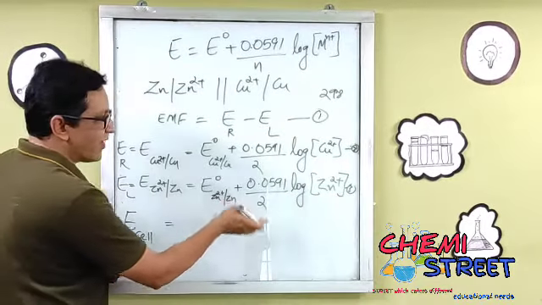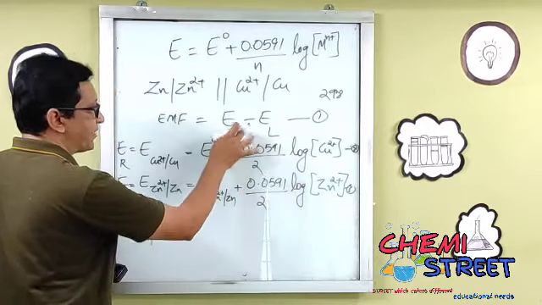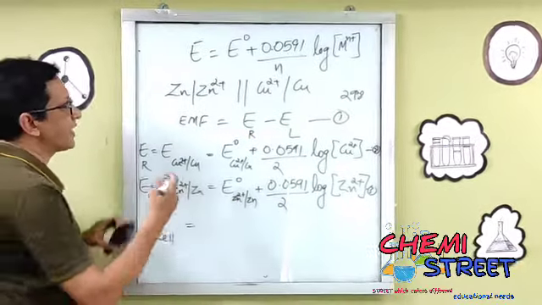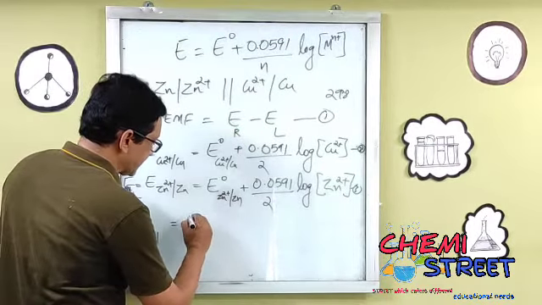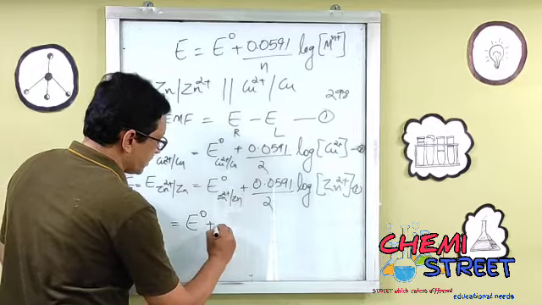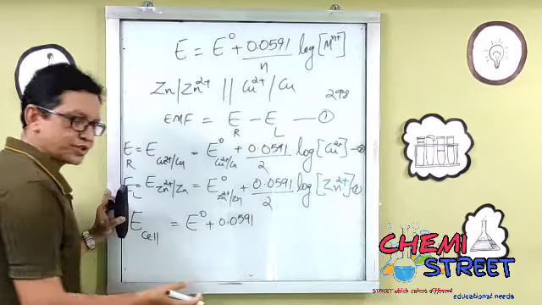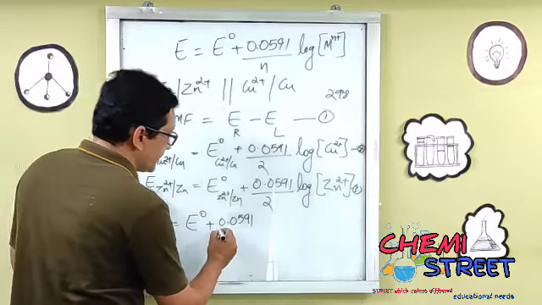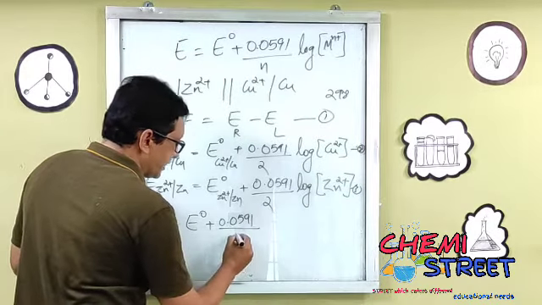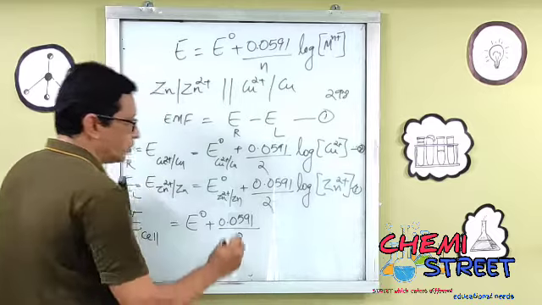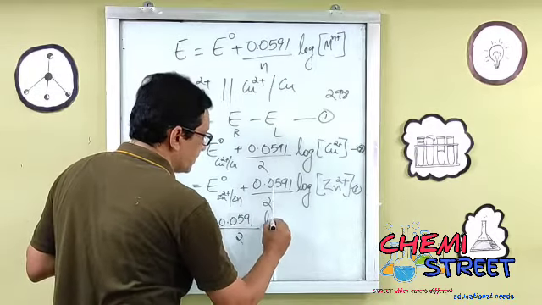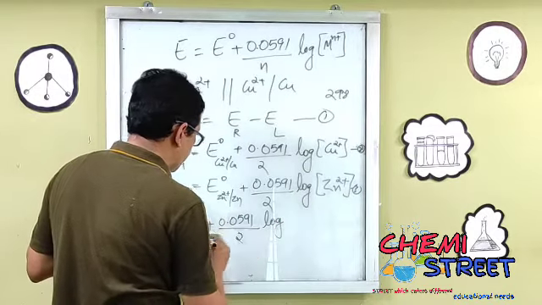We are substituting the values of E right and E left in this equation, and finally you get a value like this: E0, 0.0591. After all the substitution you will get 0.059 by 2, and log, you will have what?